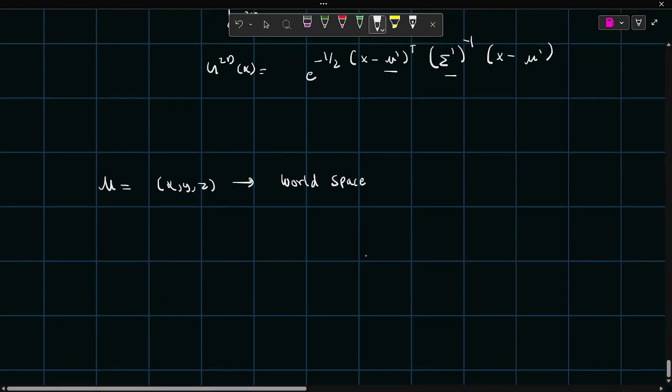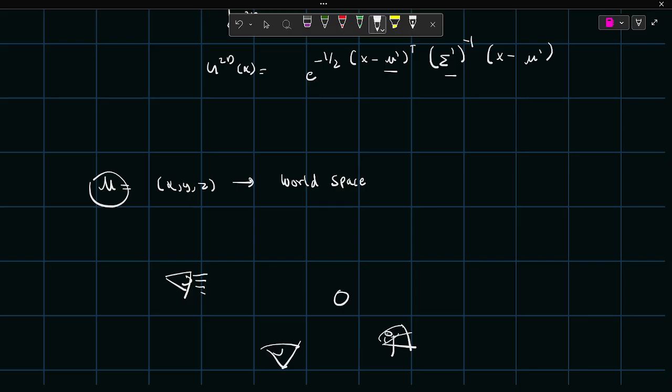Now I need to get mu in the perspective of the camera. Suppose this is me viewing this, and there's a point here. Viewing the point here and here is different. These points are different. So I need to get it into the perspective of the camera.